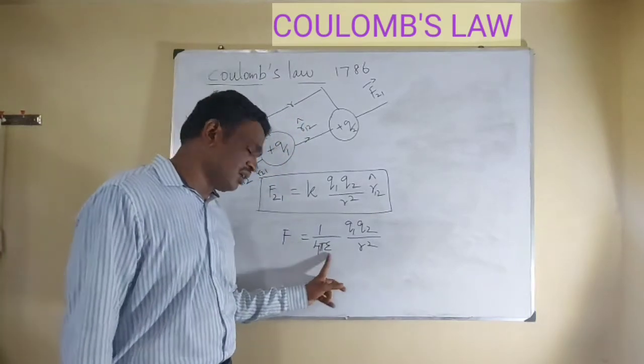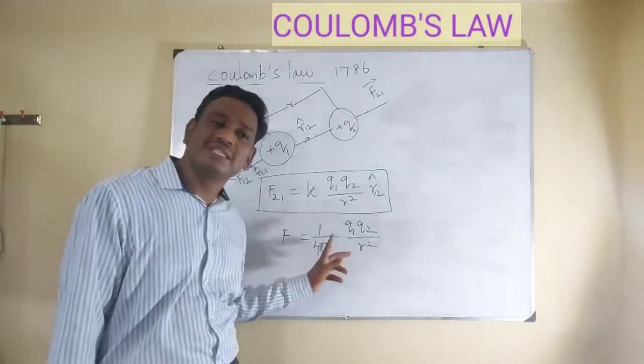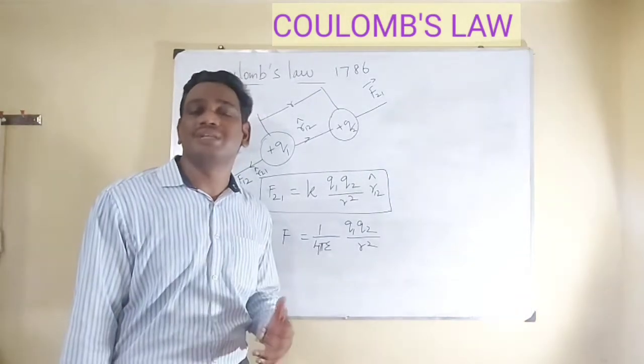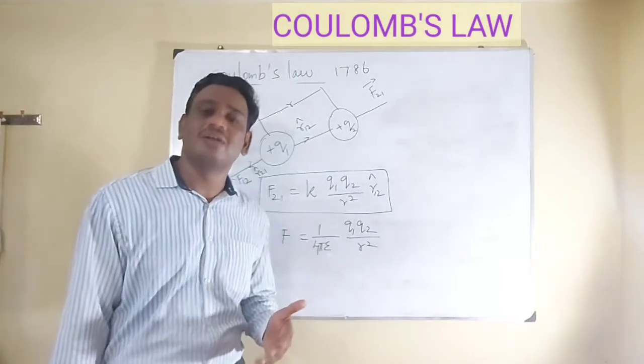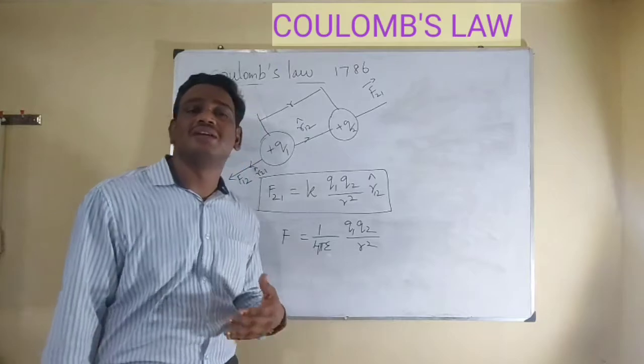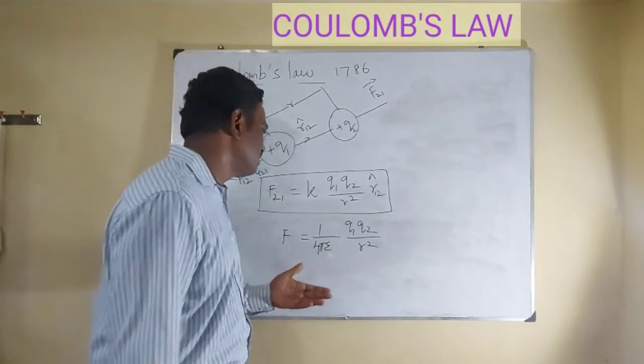Here instead of epsilon naught I have used epsilon, where epsilon is the permittivity of the medium. Epsilon naught is the permittivity of free space or vacuum. But here epsilon is the permittivity of the medium in which the charges are placed. Okay.